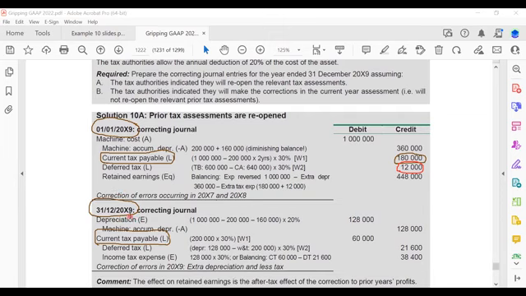So we're going to have a timing difference for just 1 year. And therefore, you'll see in example 10B, your deferred tax amount is different. So I wanted to bring the differences to your attention before we even attempt the example.